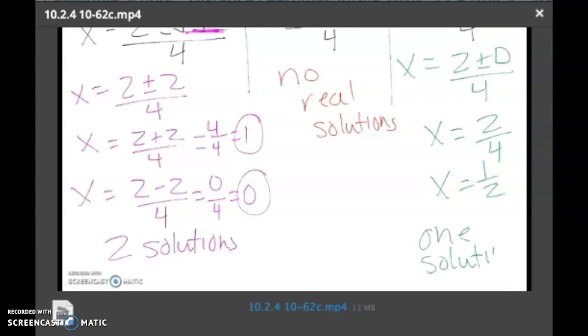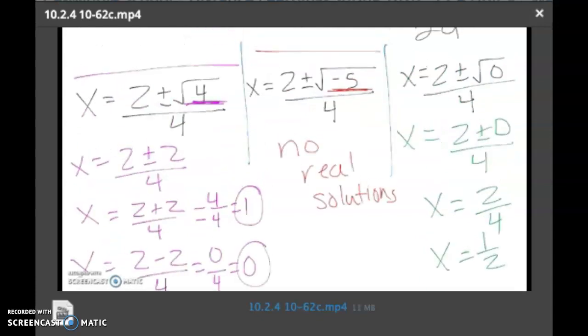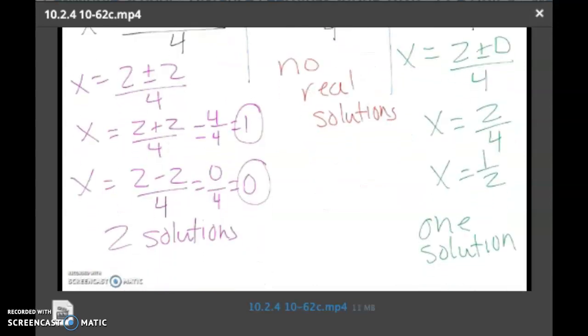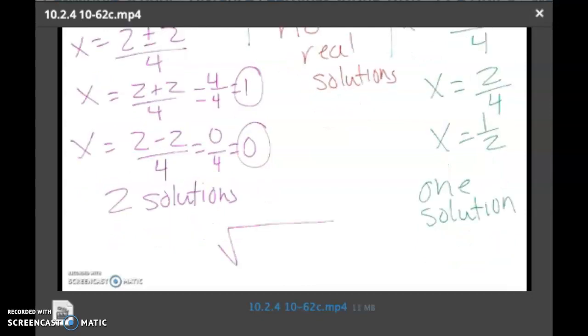Okay, and right away what I'm looking at is this number underneath the square root. If that number under the square root is 0, I'm going to have 1 solution. So we're really looking at that number under the square root, which is called the discriminant. So to determine how many solutions, we want to look at this part, the b squared minus 4ac.